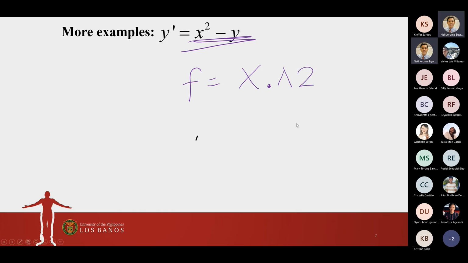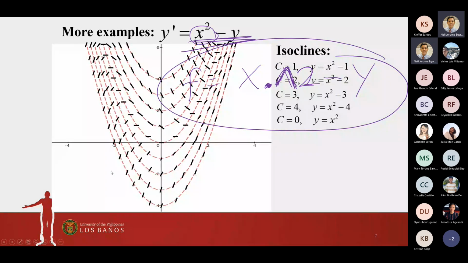Basta gusto nyo gawin ng isang operation component-wise, lalagay nyo yun ng dot, tapos caret for exponentiation. Kasi nga x squared, gusto nyo i-raise si x to the second power, kaya lang si x ay vector dun sa MATLAB code natin, kaya dapat dot caret tapos 2 minus y. And then run the code, and then see that you'll get something like this. All right? And this is where we'll start on Wednesday.